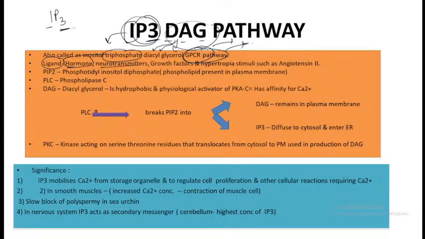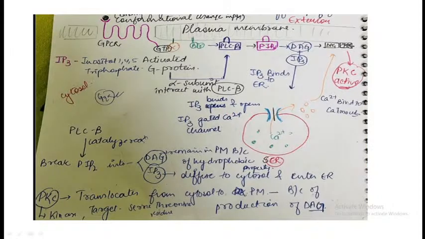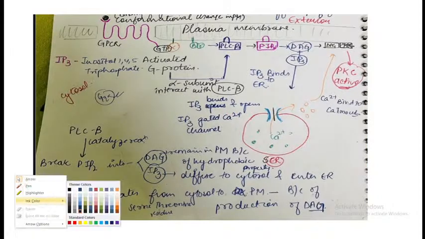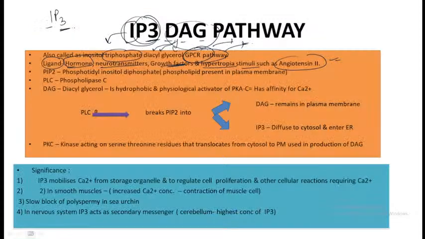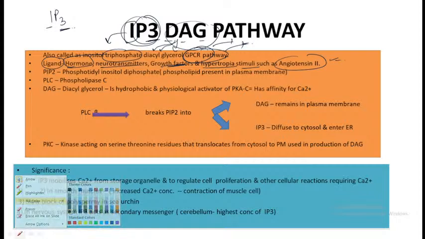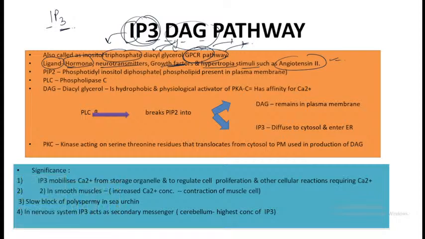We can use neurotransmitters, growth factors, hypertensive stimuli, for example angiotensin, etc. When we discuss this, you will see a lot of abbreviations getting used. So let's first discuss the significance of this pathway, and then we'll understand this complete process. Talking about the significance of the IP3-DAG pathway.